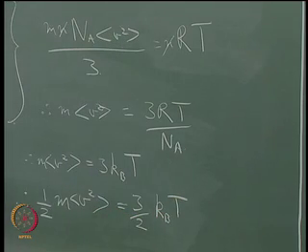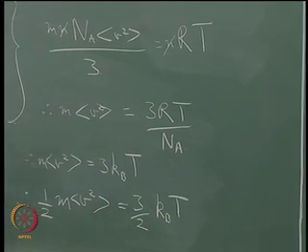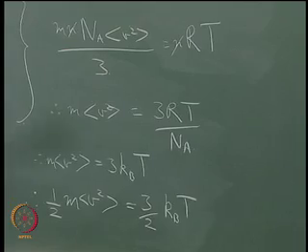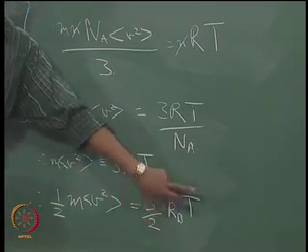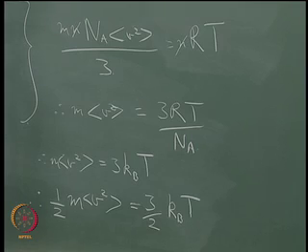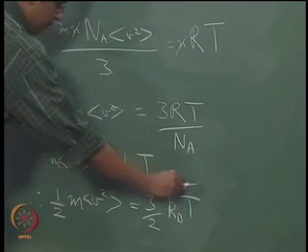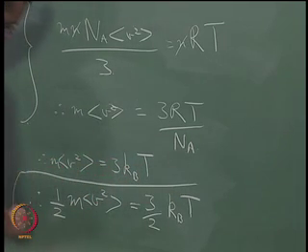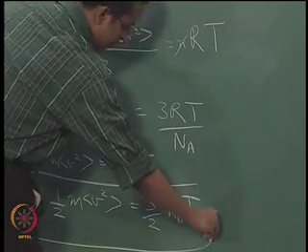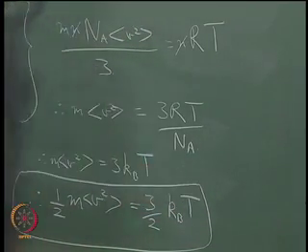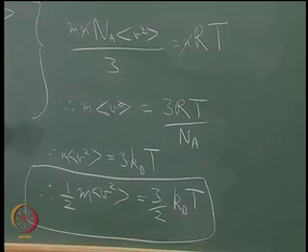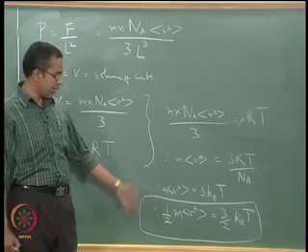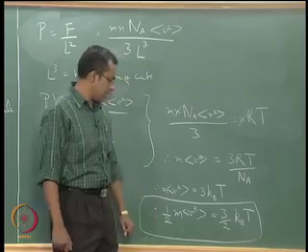We get half m v square, which is the translational kinetic energy of a molecule, equal to 3 by 2 kBT. This is a very useful expression, so we will make note of this. This is the translational kinetic energy of a single molecule on average.